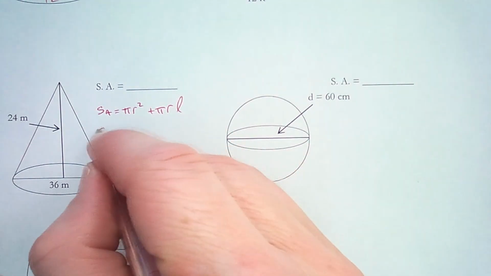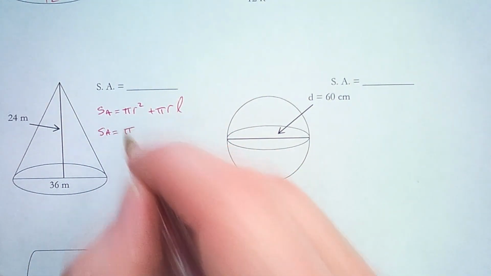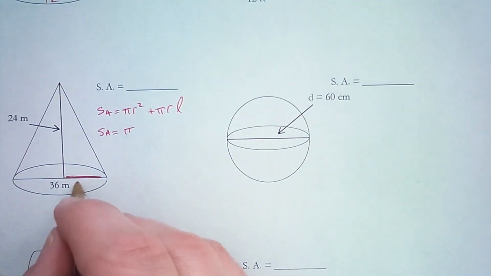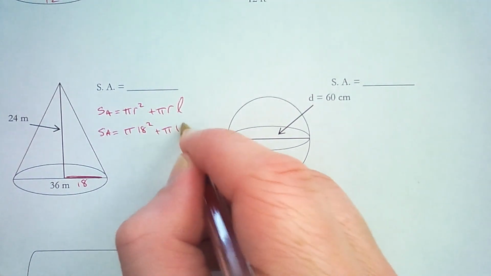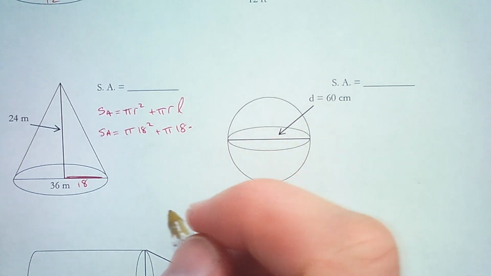So for our surface area here, we have pi times the radius, 18 meters squared, plus pi, 18, times the slant height.